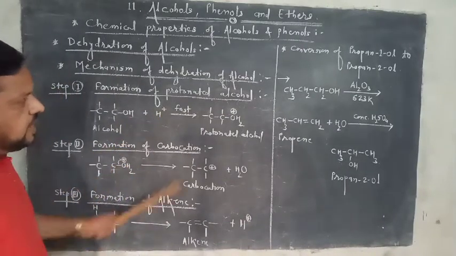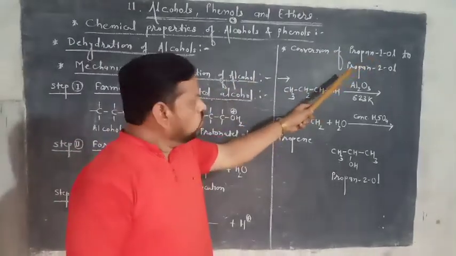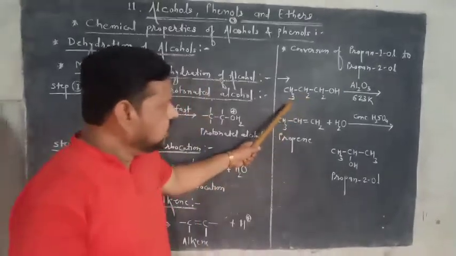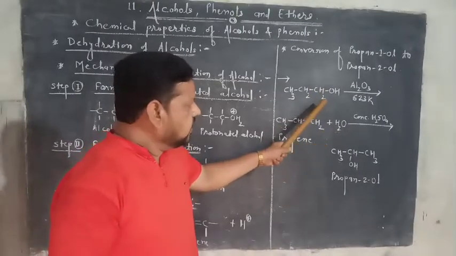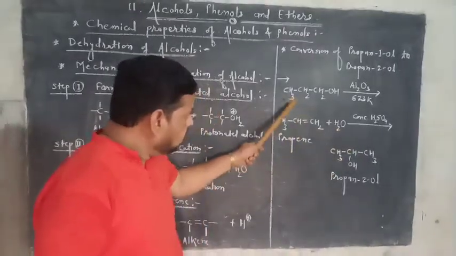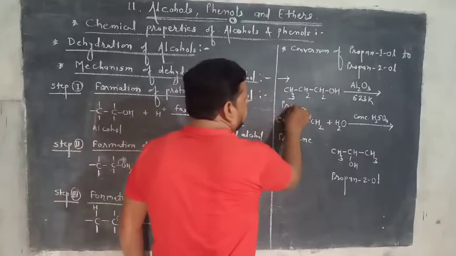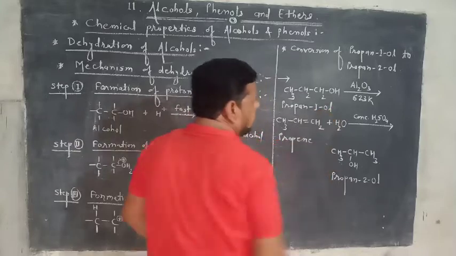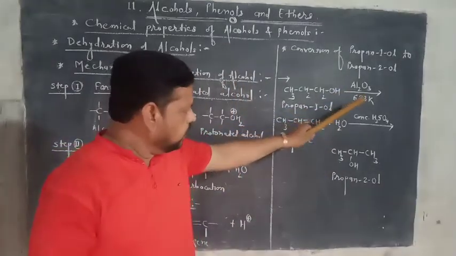Then we discuss the conversion of propan-1-ol to propan-2-ol. There are two reactions. First reaction is the dehydration of alcohol, and another is the hydration of alkene. See here, this is propan-1-ol. Propan-1-ol is heated with aluminum at 623 Kelvin temperature.